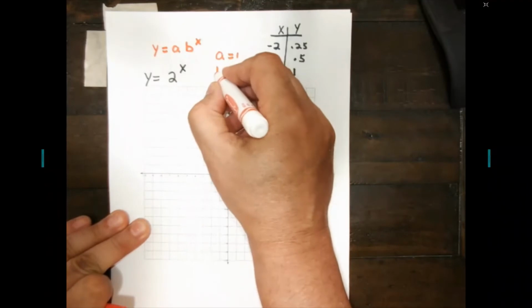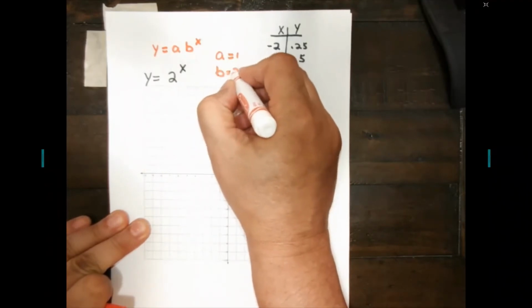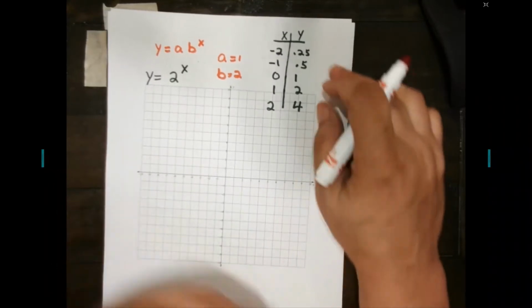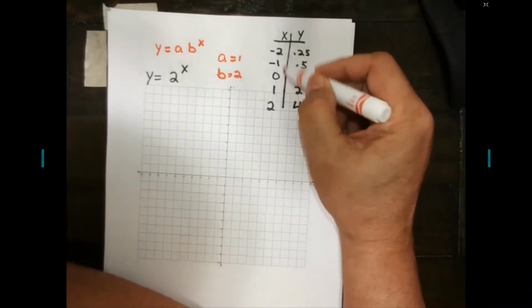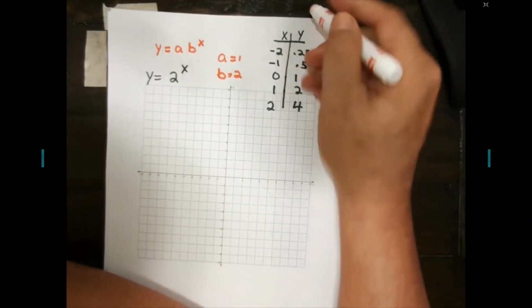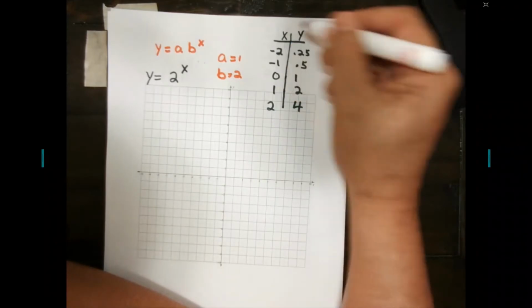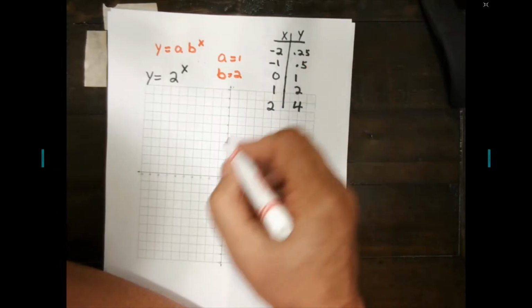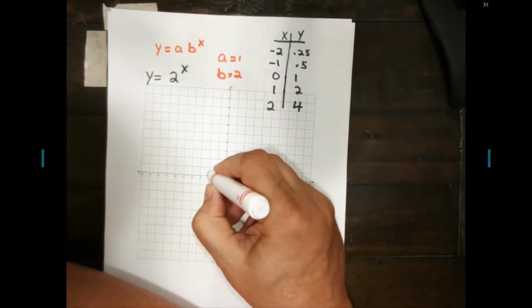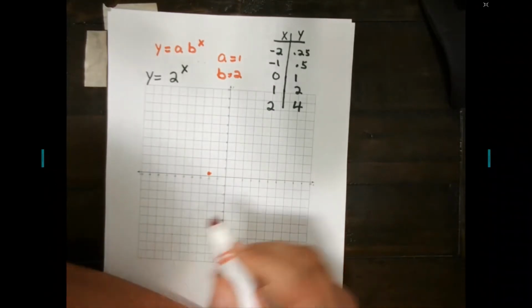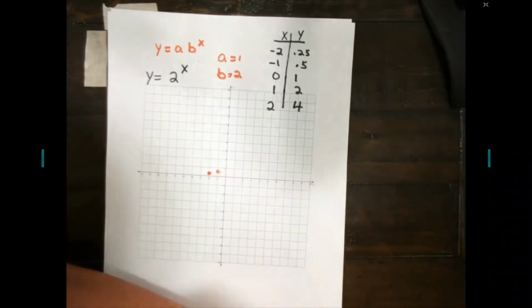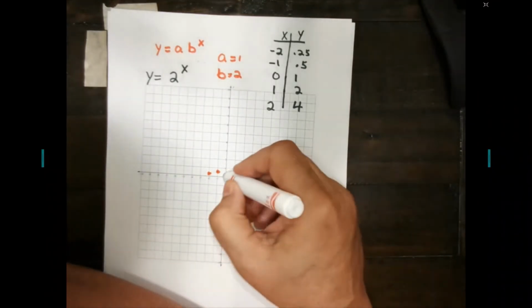And b, in this case, is 2. I've already written these down, but I picked some points to plot this. So for my independent variable, x, I picked -2, and at -2, I get 0.25. That is right about here. At -1, I get a half. That's right there. At 0, I get 1.